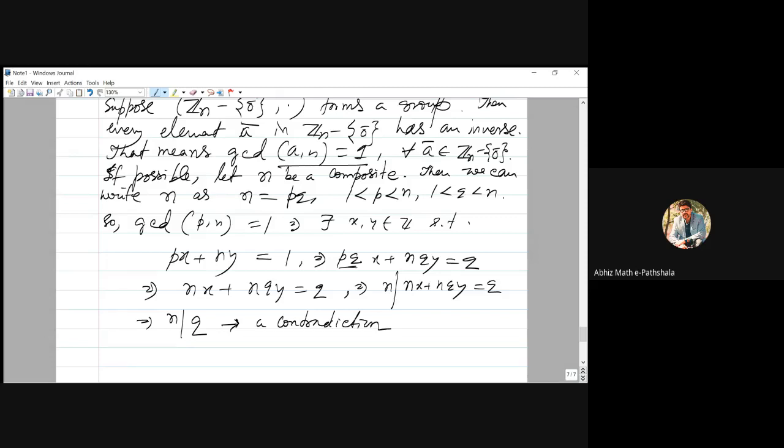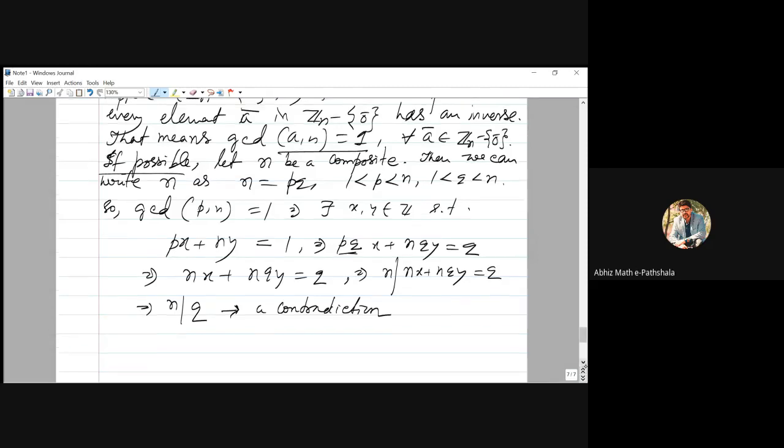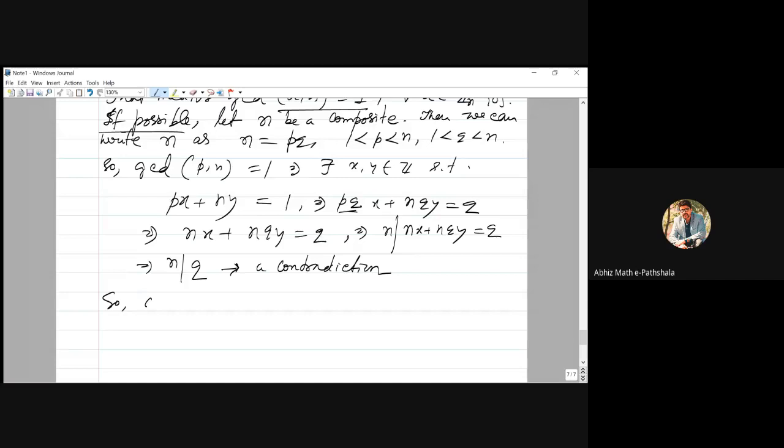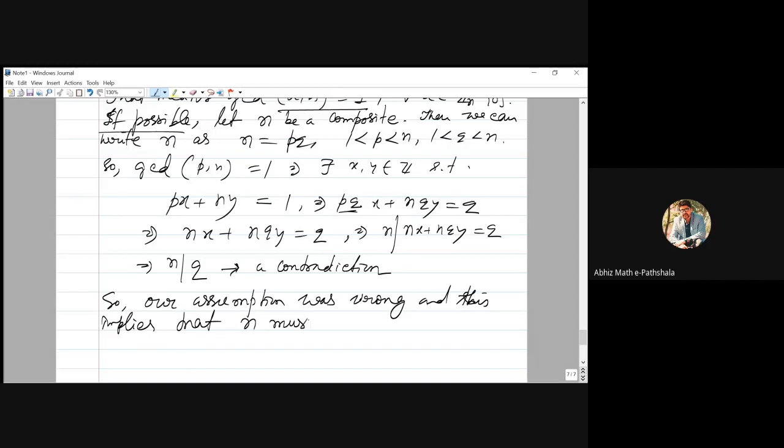So what we have assumed, that n is a composite, raises a contradiction. So our assumption was wrong, and this implies that n will not be a composite, n must be a prime.